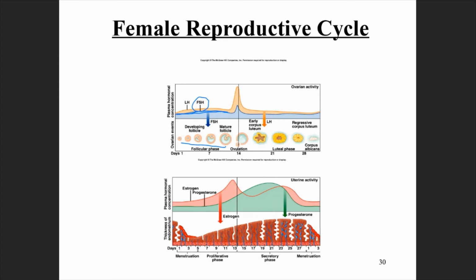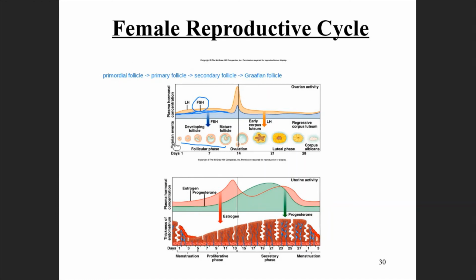And then it gives rise to the Graafian follicle. Right. So that's the name of the follicles. You need to know them in order.